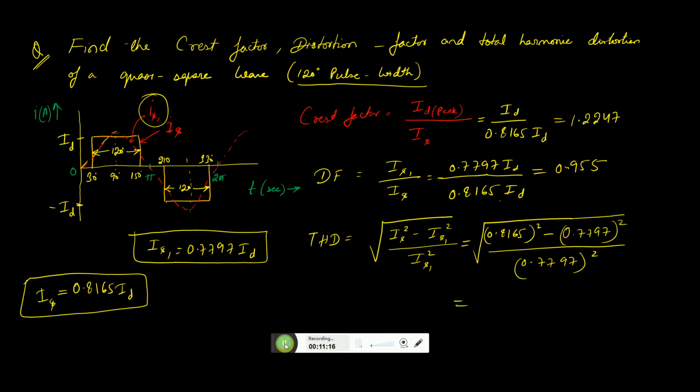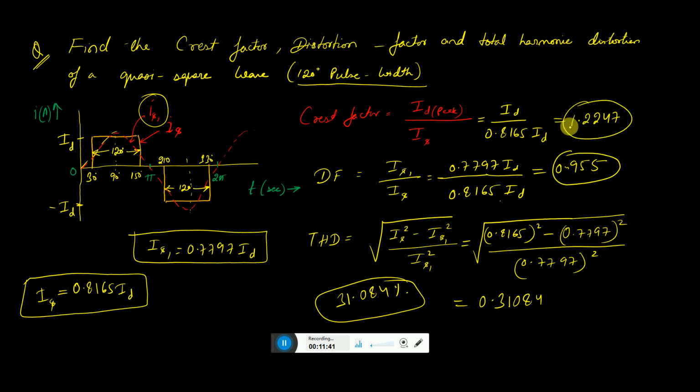And this comes out to be 0.31084. So that's the value. So we can write THD is 31.084%. We can also write the distortion factor 0.955 and the crest factor 1.2247. Thank you very much.